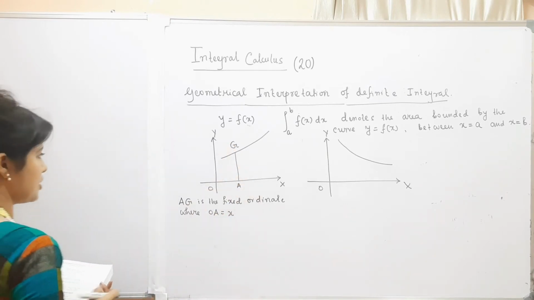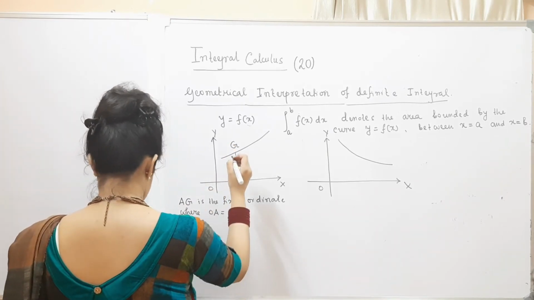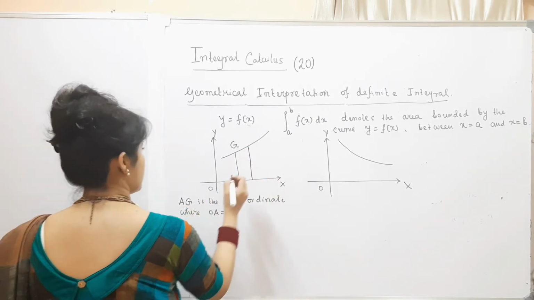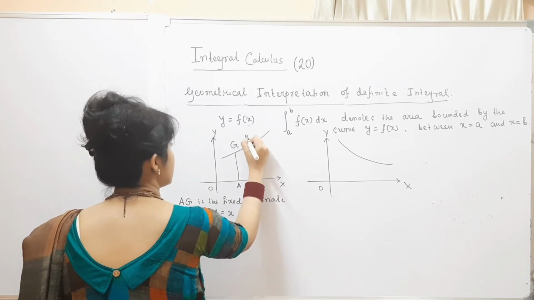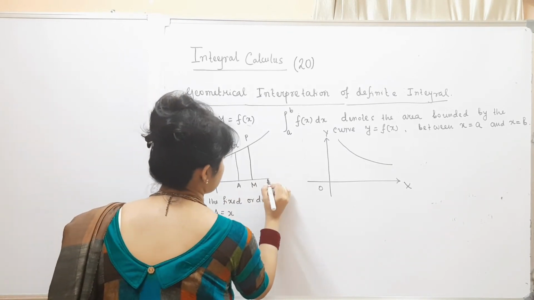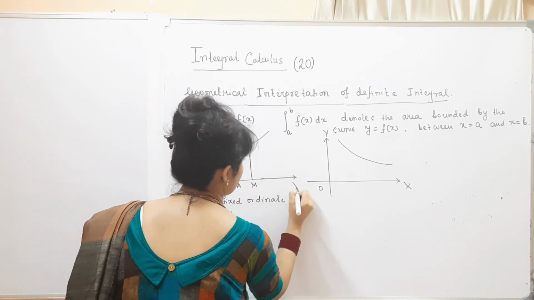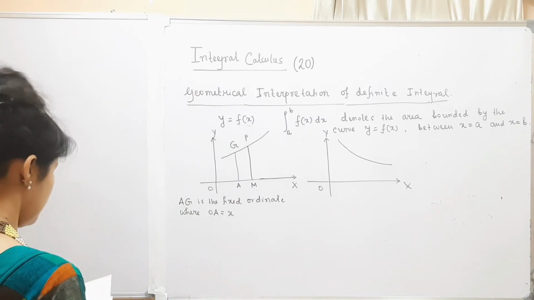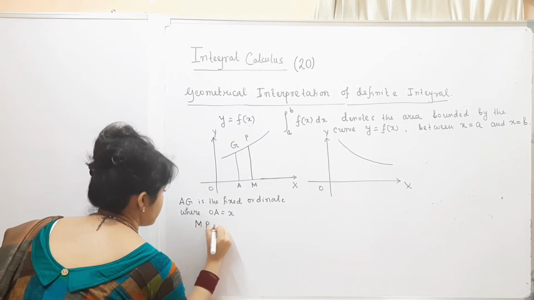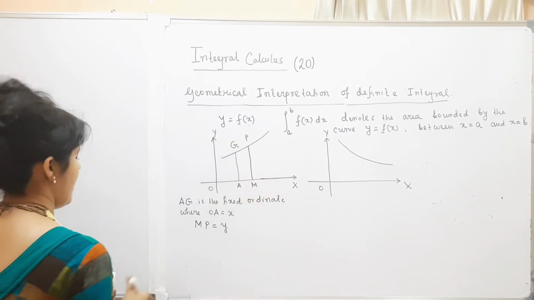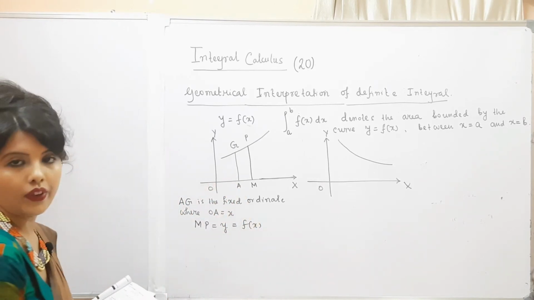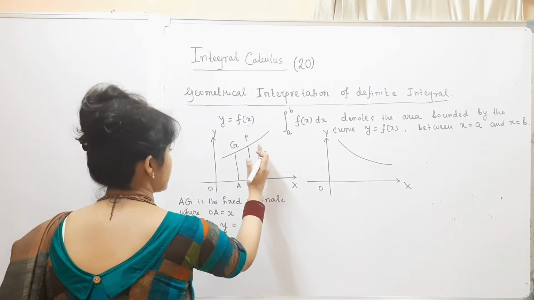This AG is the fixed ordinate, and this ordinate MP is the variable ordinate, so it can change. Writing it more clearly, this MP is y, and y is equal to f of x, and this is OA equal to x. So this can be changed.